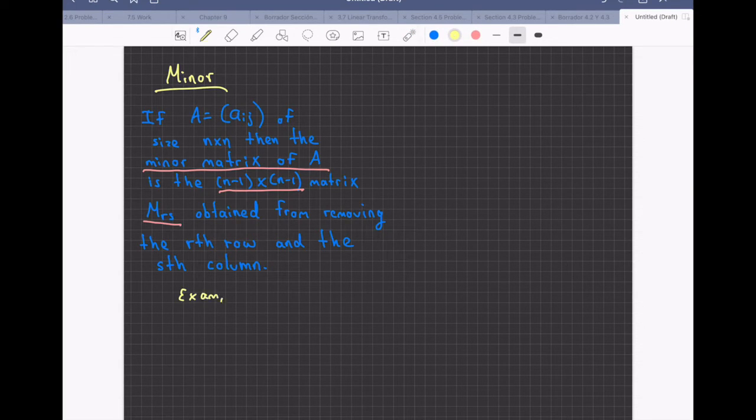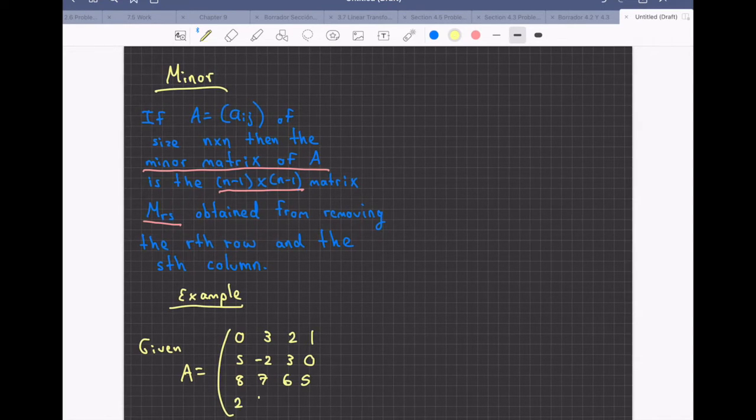Example. Given the matrix A, given this matrix A, find the minor M_1,1.